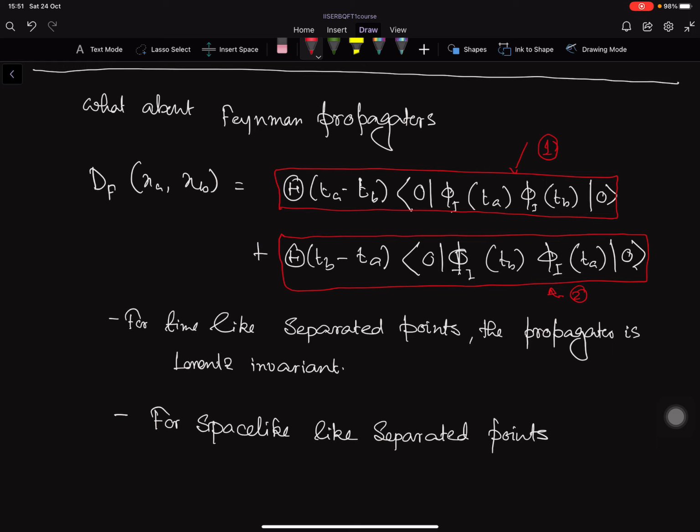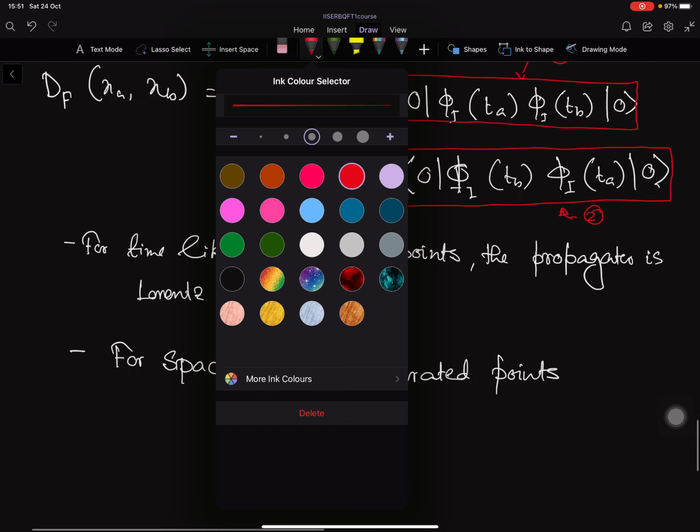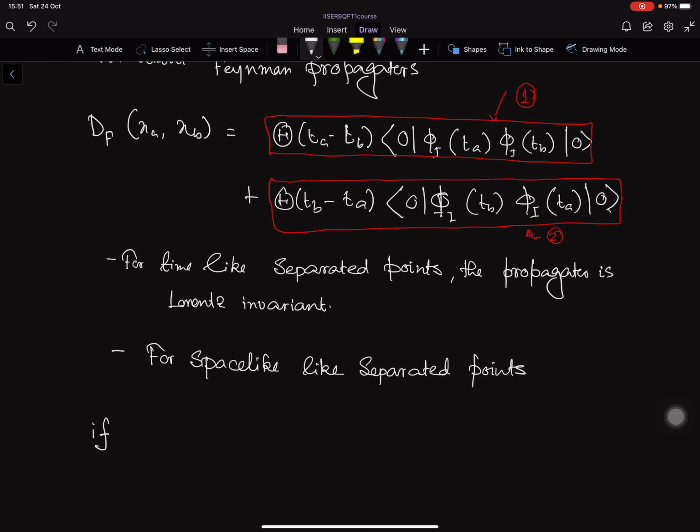Okay, so for space-like separated points, it will depend on the choice of frame, but since one of them is non-zero, we say that this propagator will be Lorentz invariant if, for space-like separated points, the commutator of phi at xa and xb equals that at xb and xa.